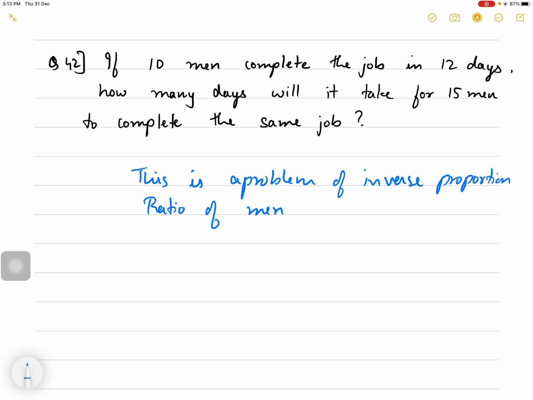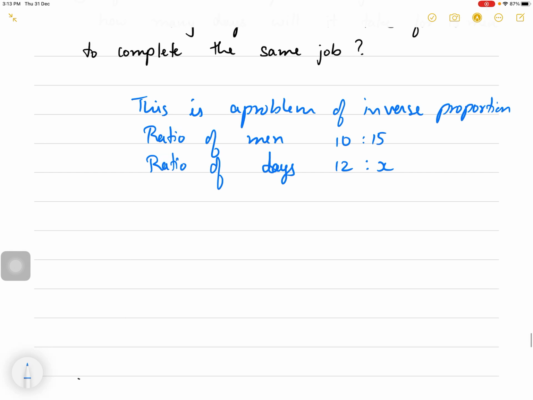The ratio of men is 10:15. Ratio of days will be 12 is to x, right?